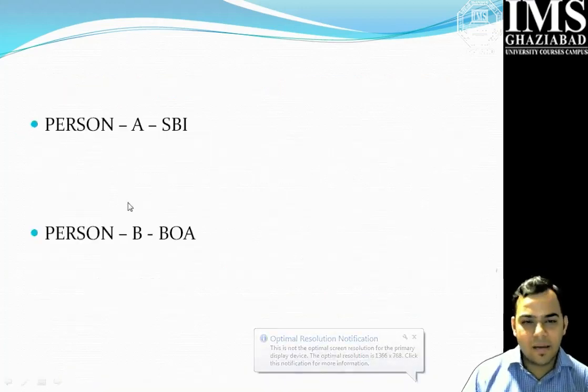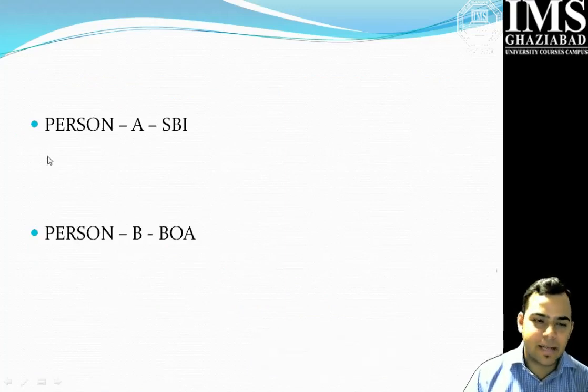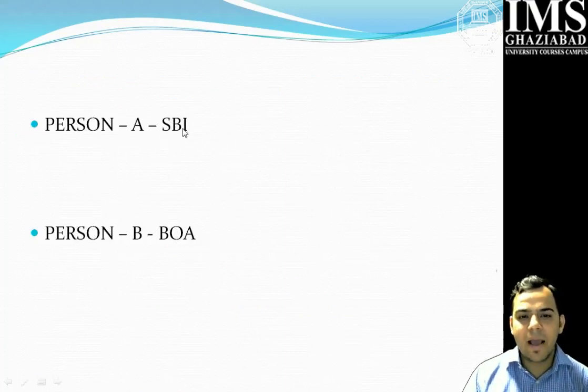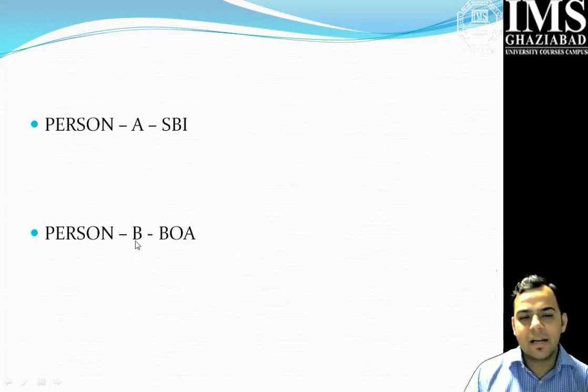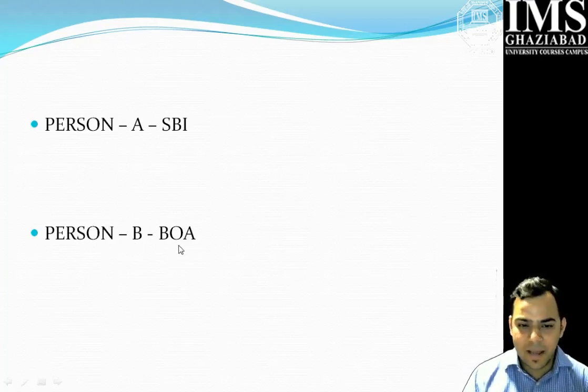Let us take another example. Let us say a person A has an account with a commercial bank in India. The name of the bank is State Bank of India. That person wants to transfer, let us say, 10,000 US dollars to Bank of America. The person to whom the fund is being transferred is named B. He has an account with his own commercial bank.